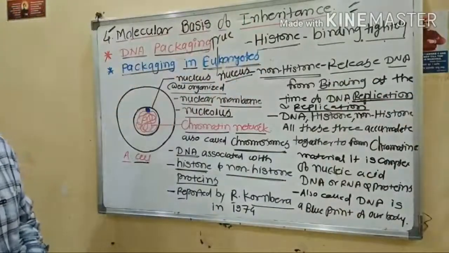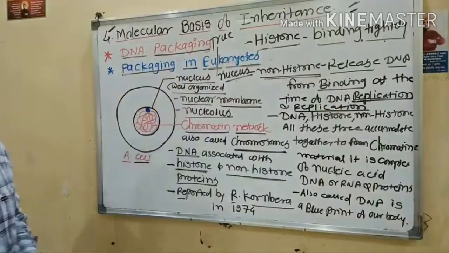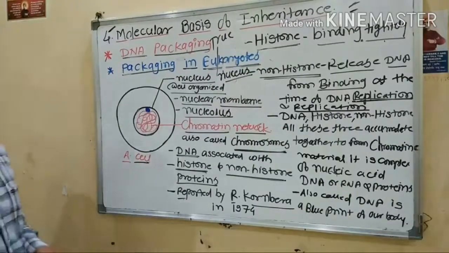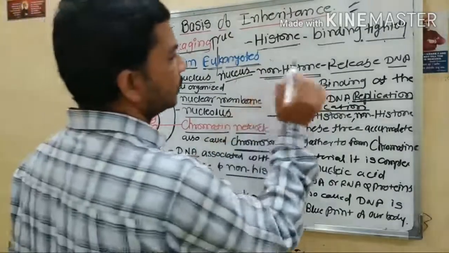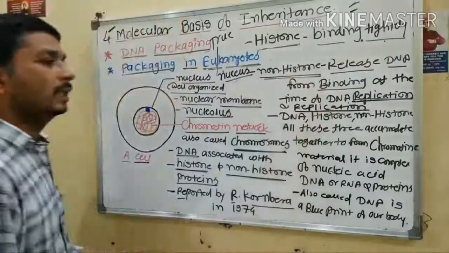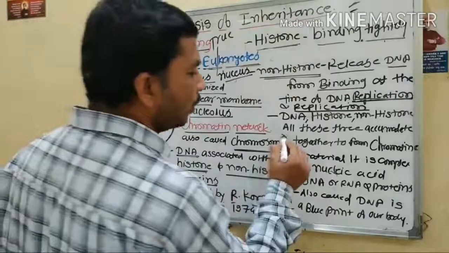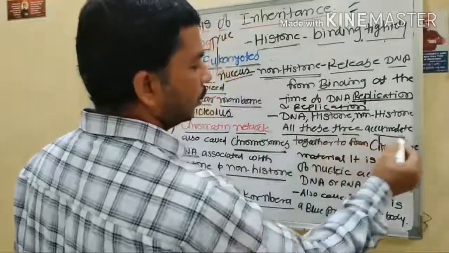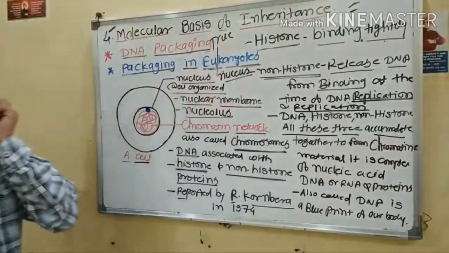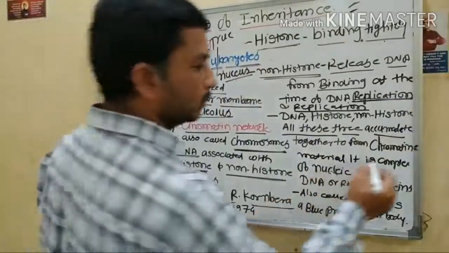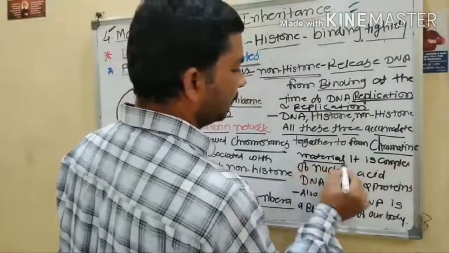Then this DNA replication is done by this non-histone protein. Then DNA, histone, and non-histone, all these three accumulate together to form chromatin material.